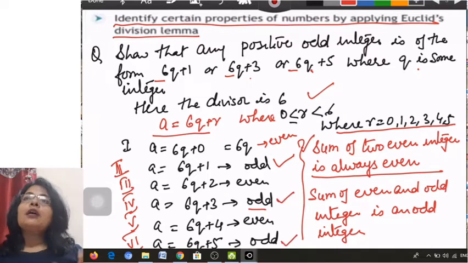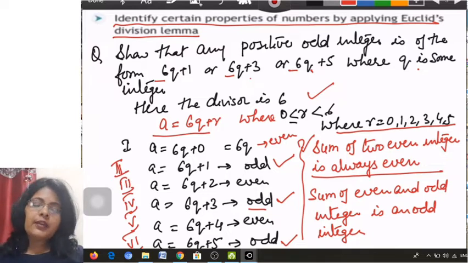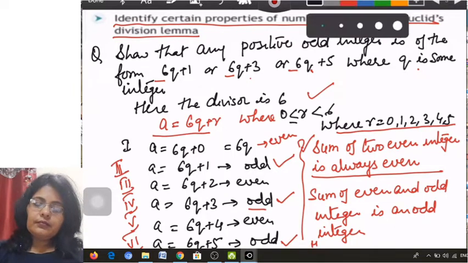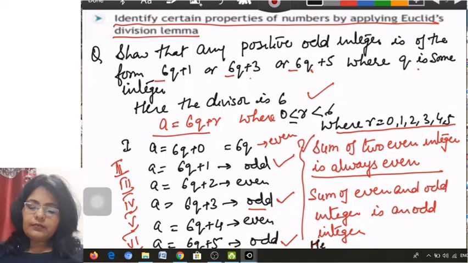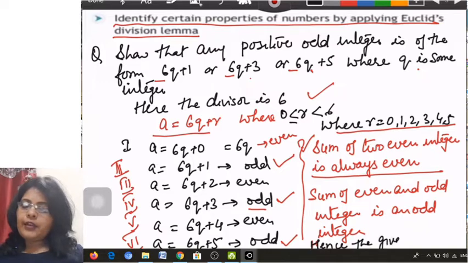So our conditions are well satisfied and we can simply write that hence the given condition is satisfied.